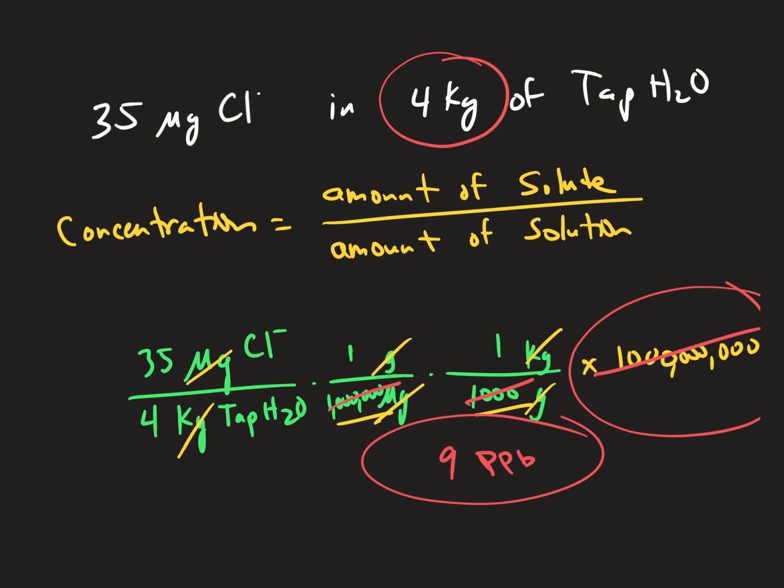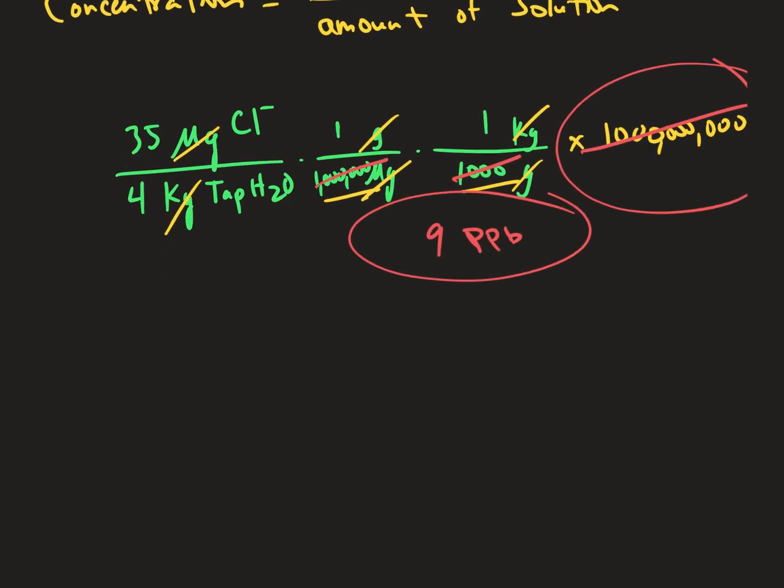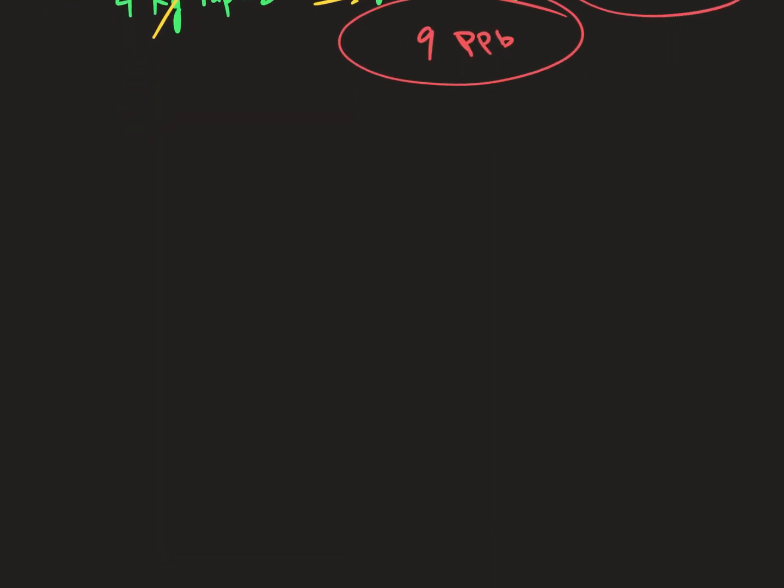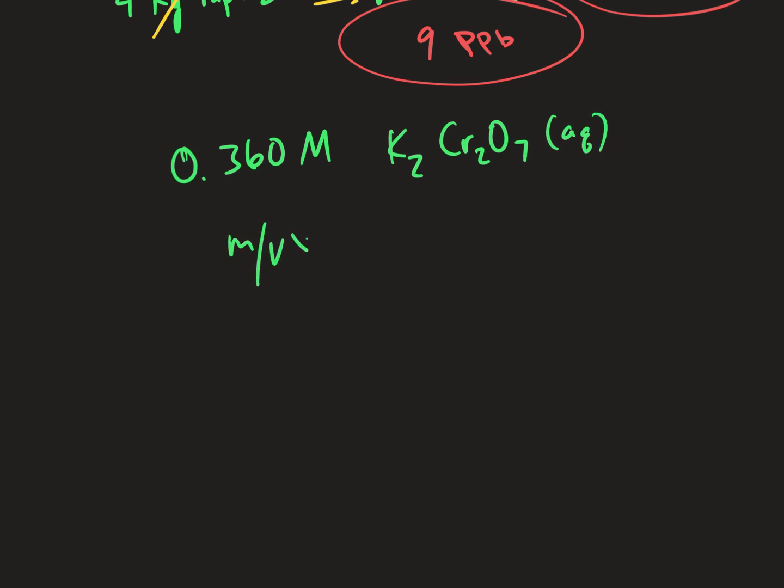Let's say we have a solution of 0.360 molarity of potassium dichromate. And this is an aqueous solution, and we want to know the mass to volume percent.